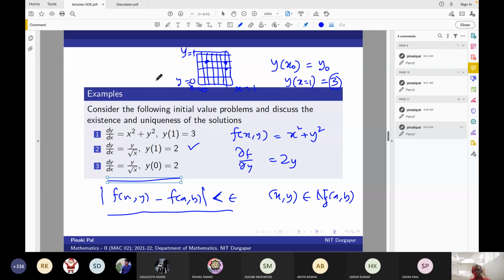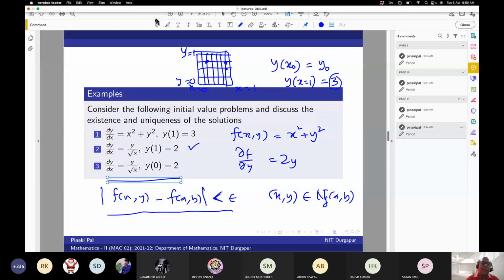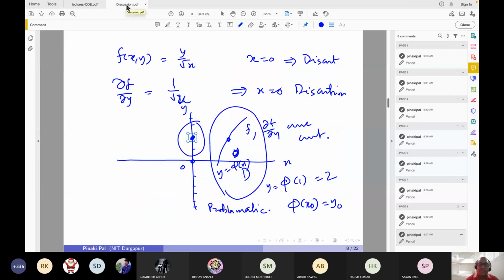For every domain, we can have infinite. You are correct that we can have more than one, or infinitely many, domains surrounding that point. So for that, infinitely many phi we will get. Then how is phi unique?